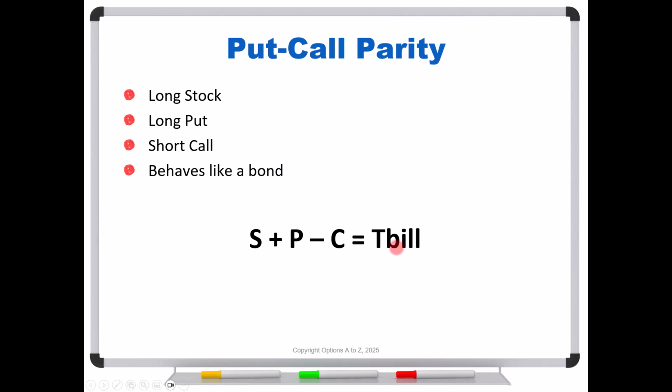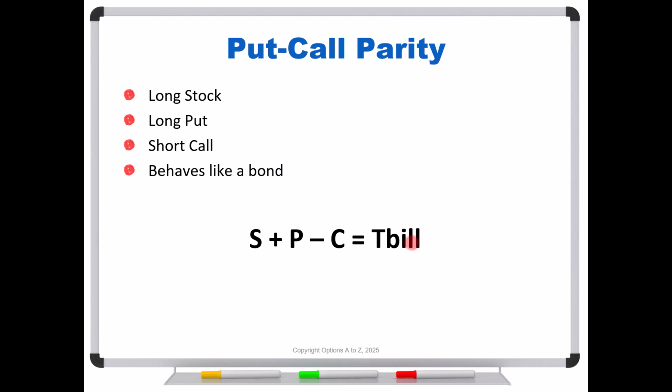And once you have this formula, feel free to rearrange it any way that you want algebraically. And I've talked about this in another video, that each arrangement kind of tells a different story. But this is the put-call parity formula, and now you've got very good insights where it's coming from.